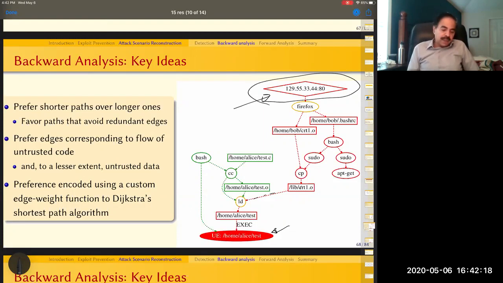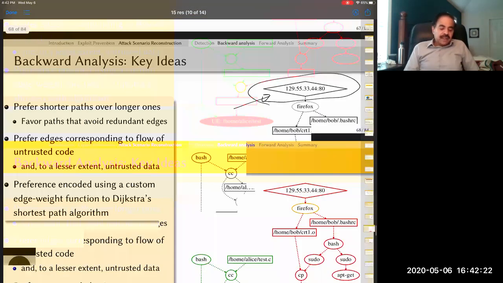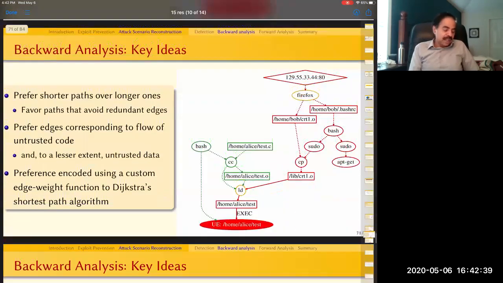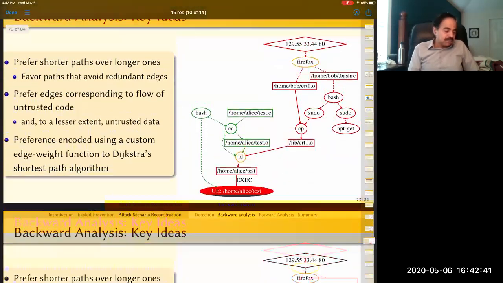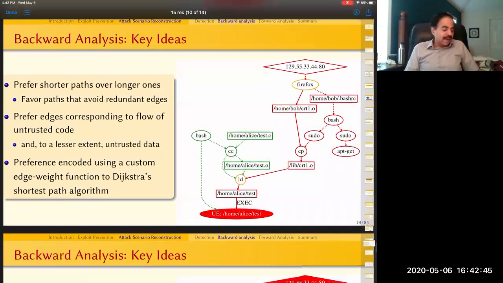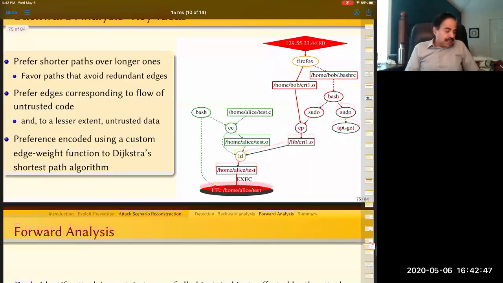The reason we want to find the entry point is that we want to go forward from there so that we can find everything the attacker has done. That's what we do in the next phase, which we call forward analysis. All these slides are showing is the animation of how the backward analysis works.